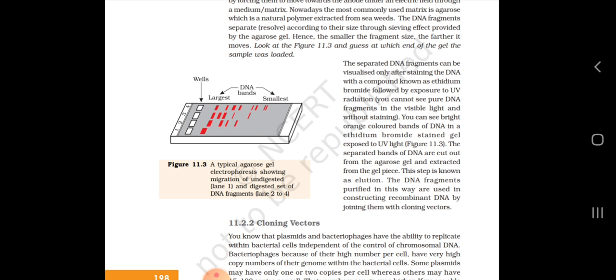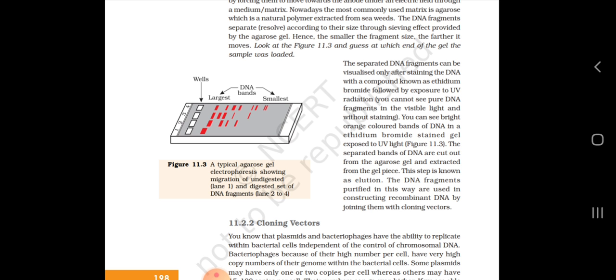If you go through the figure given in the book, you will see that various wells are given. We pour the DNA in these wells, mixed with ethidium bromide, which acts as a marker. You will find in the first lane the DNA fragment is too heavy, so it didn't move at all.